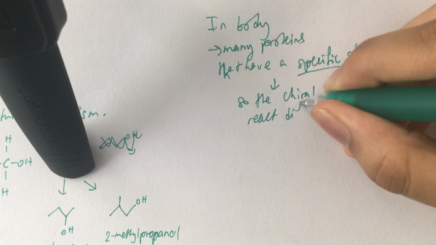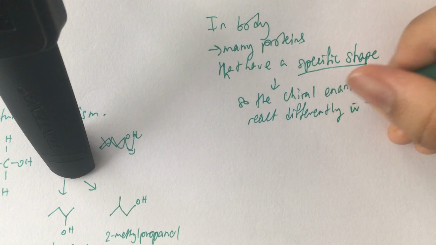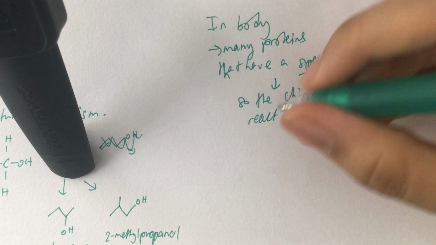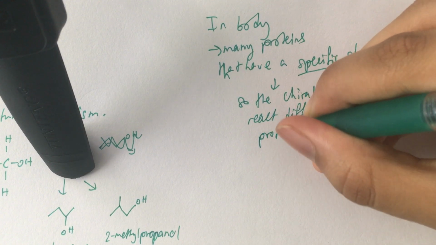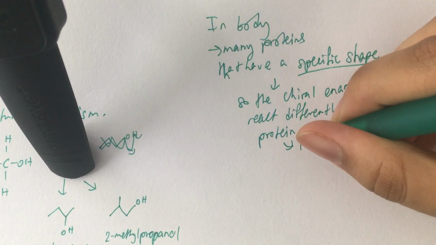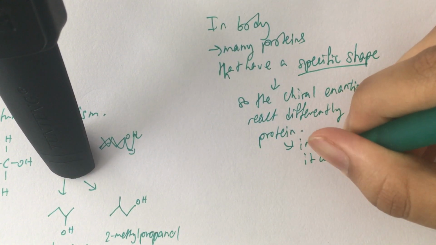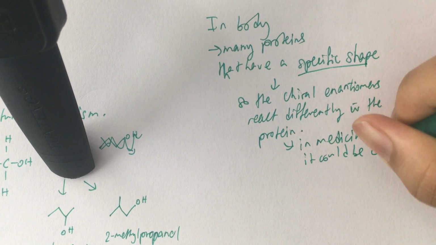And one of the scenarios that they very much talk about in lesson is this drug, I don't remember exactly what it's called, where one of the enantiomers is dangerous and one of the enantiomers is okay to use. It was something to do with morning sickness.